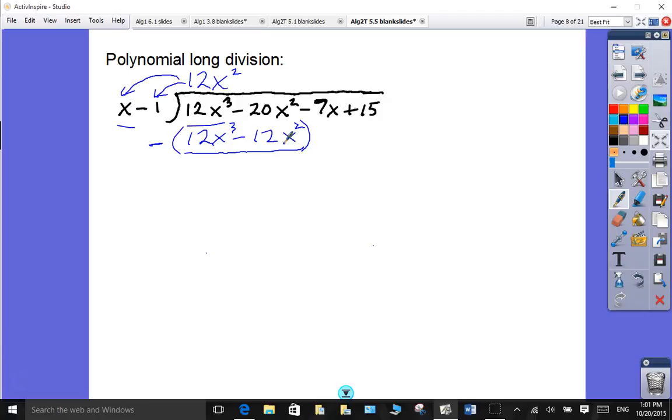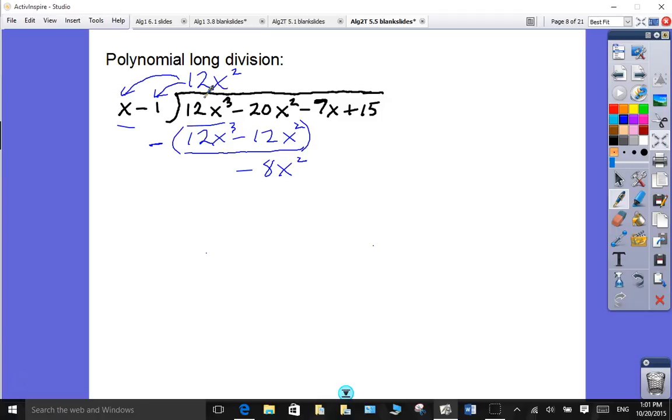Negative 8, right? Negative 20 minus negative 12 is like negative 20 plus 12, negative 8. Now the 12x to the third minus 12x to the third cancels, because that's how we picked what we put up on top first. So that should happen.